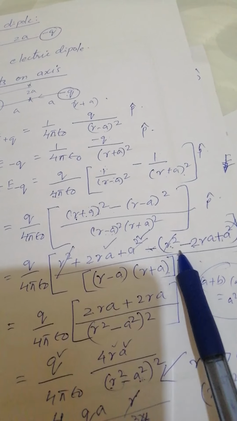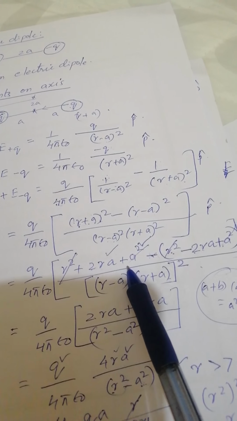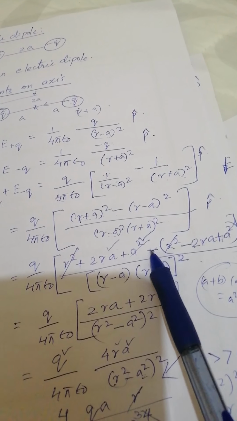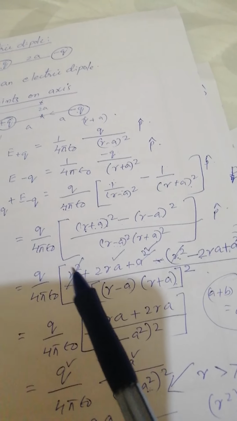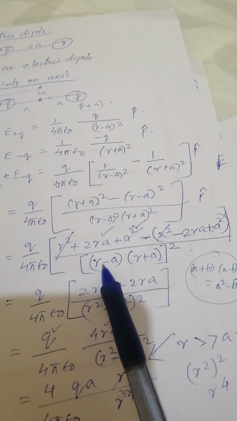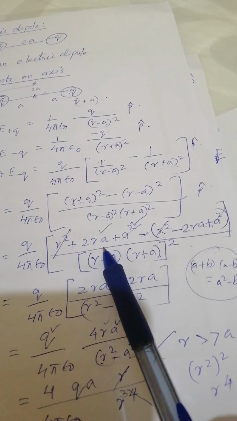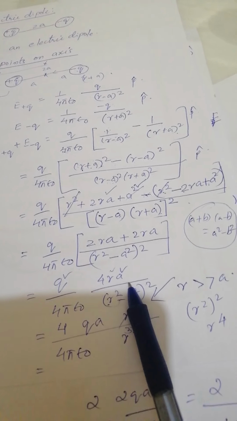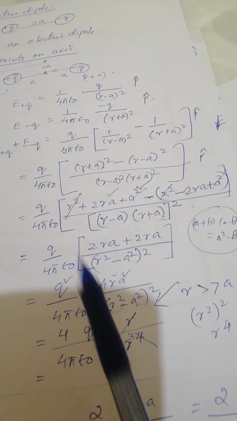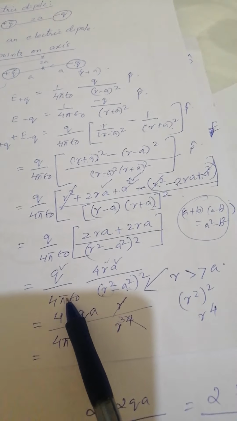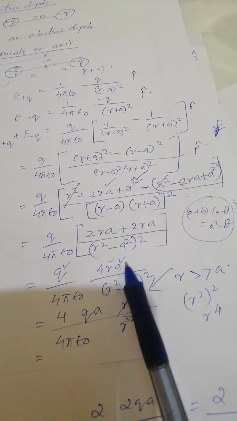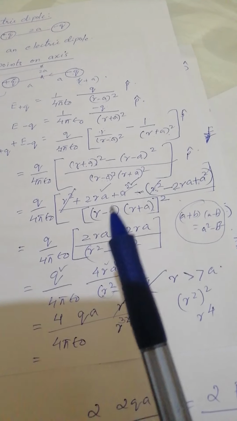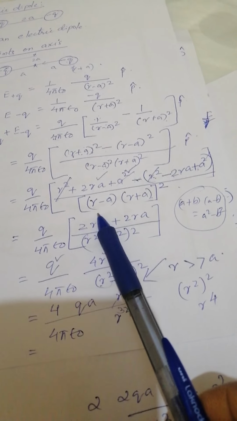The a square terms also cancel. So the only term that remains is 2ra plus 2ra, that is 4ra. So the equation becomes q divided by 4 pi epsilon 0 into 4ra divided by the lower term.